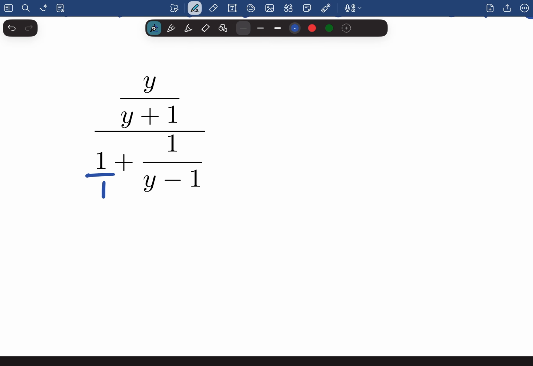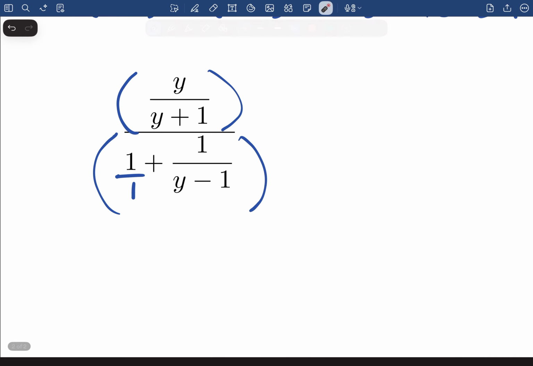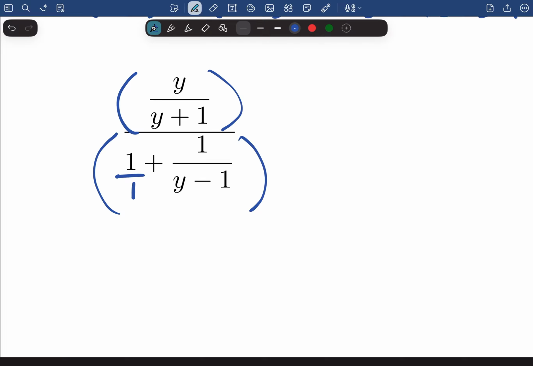And let's now multiply the top and bottom of this rational expression by the LCD, the least common denominator. Well, isn't that y plus 1 and y minus 1 and 1? Yes, it is. So we have the y plus 1 factor and the y minus 1 factor.